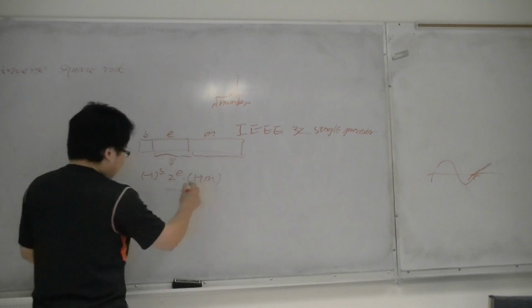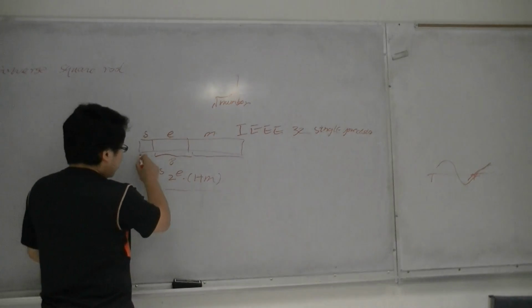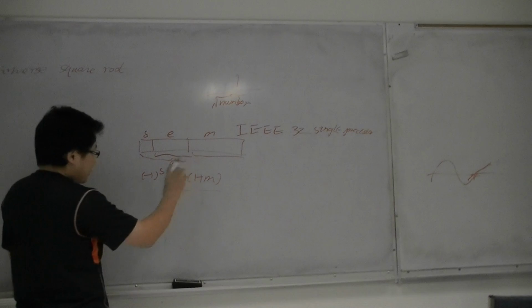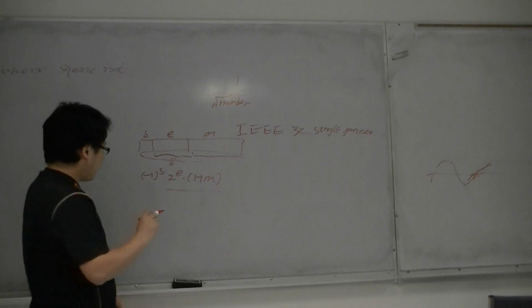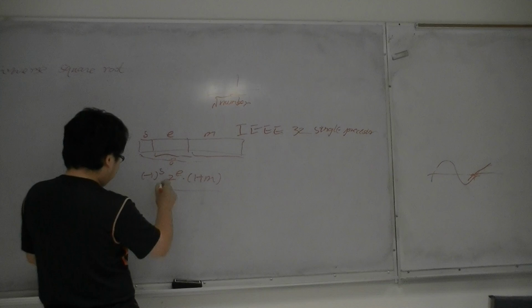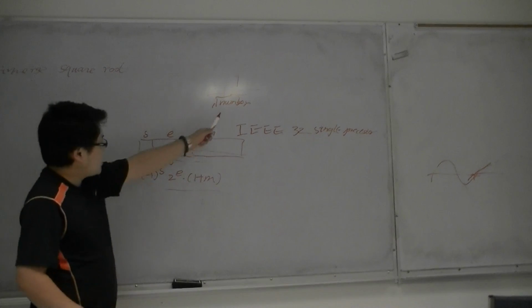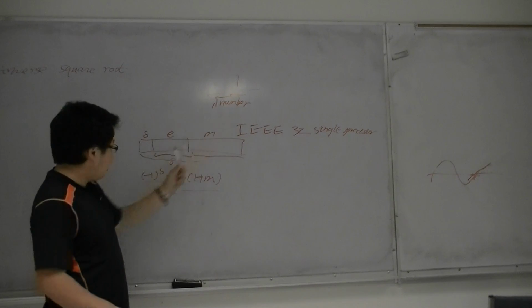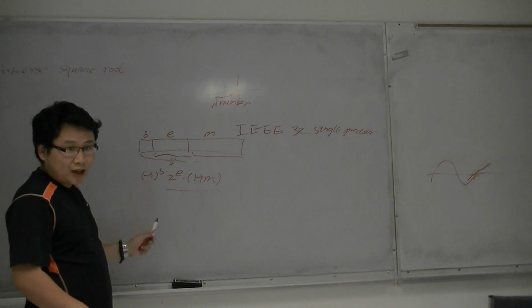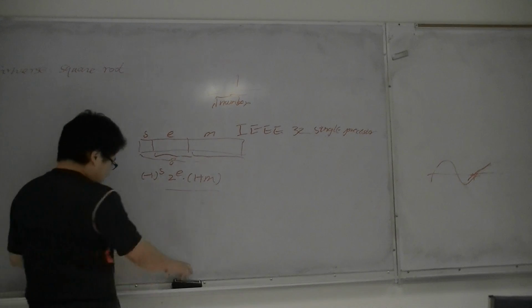This can also be used in integer format. For integer format, as we know, this value must be positive, so the sign bit must be 0, it cannot be minus.